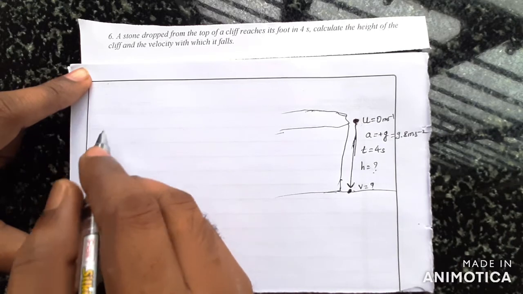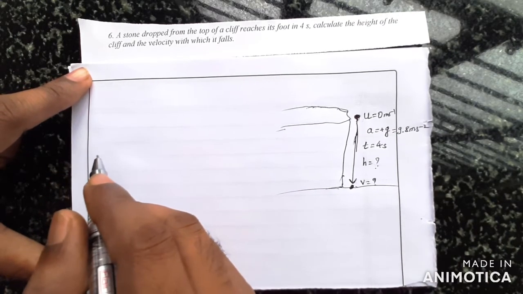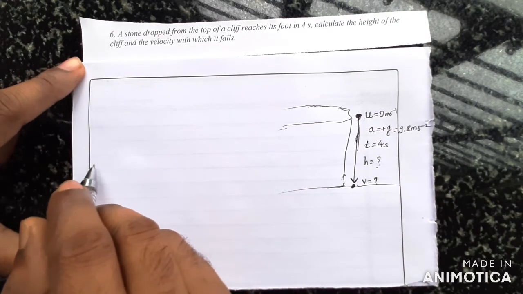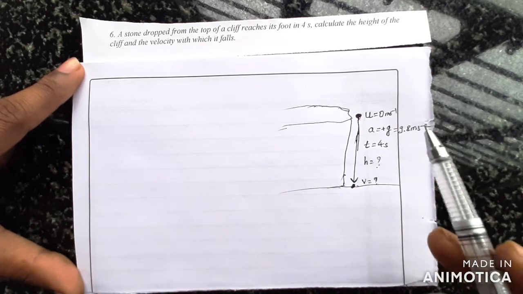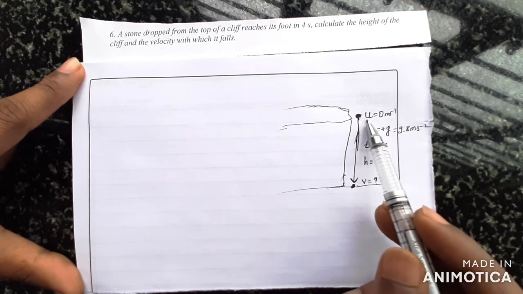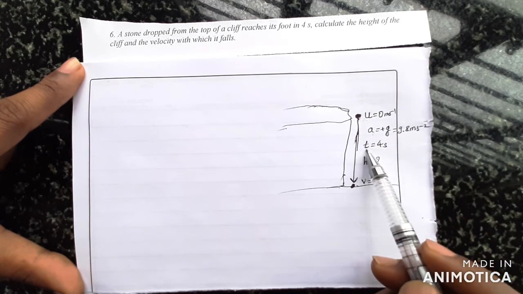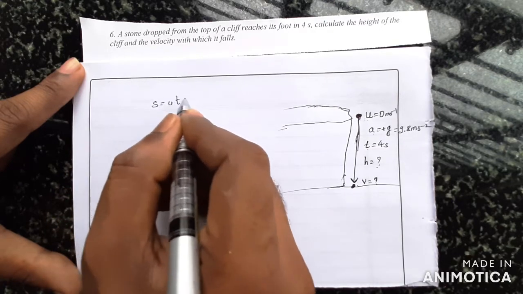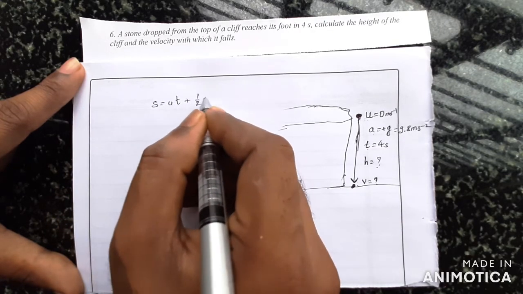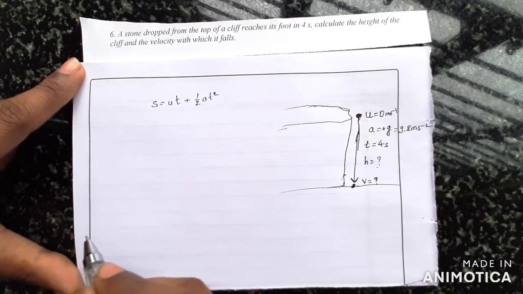So there are 2 formulas for finding the s value, which is s is equal to ut plus half at squared, and the other is v squared minus u squared is equal to 2as. Since I know a, I know u, and I know t, I am going to take the s is equal to ut plus half a t squared formula.